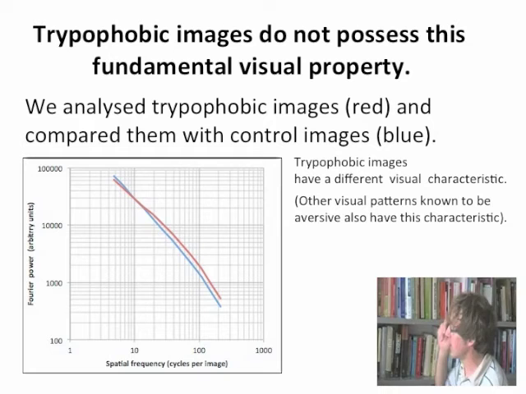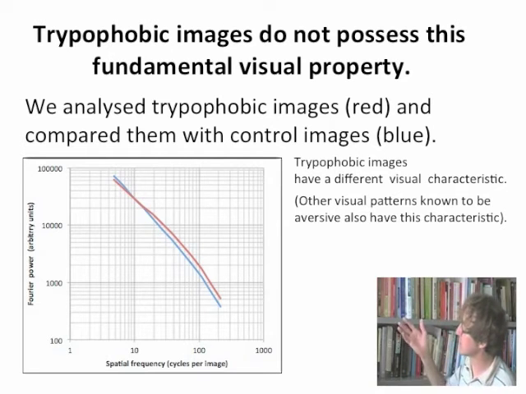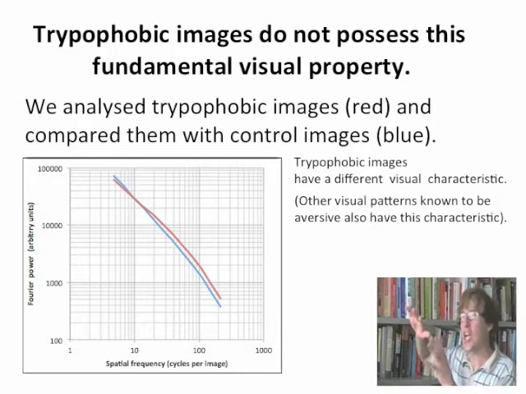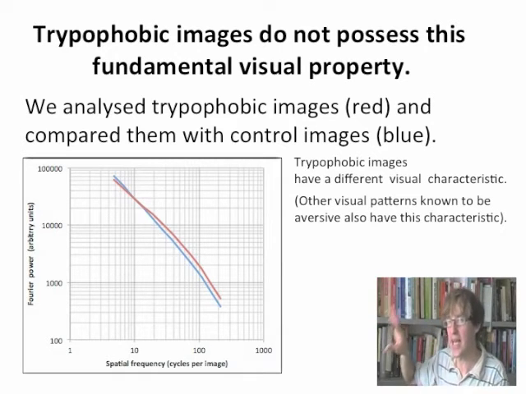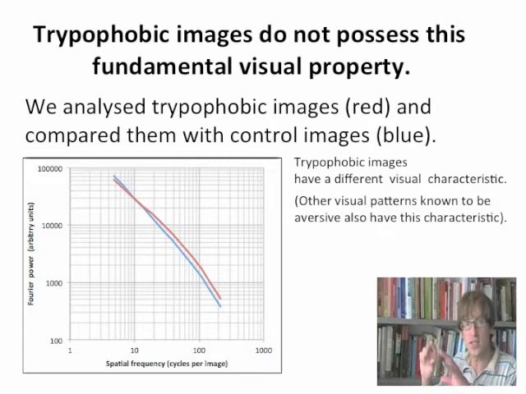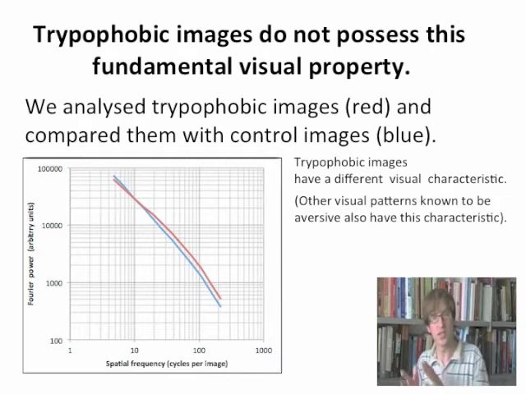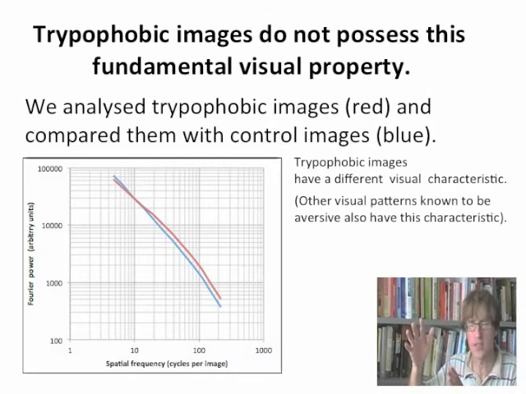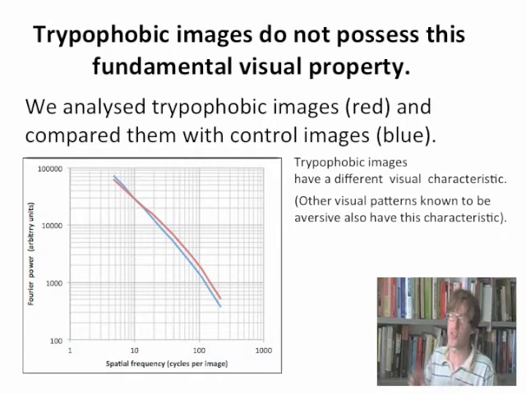What they do, represented in this graph here, is they have higher contrasts, particularly at mid-range spatial frequencies. And I've put here in brackets other visual patterns known to be aversive to view also have this characteristic, this higher contrast at different spatial frequencies.